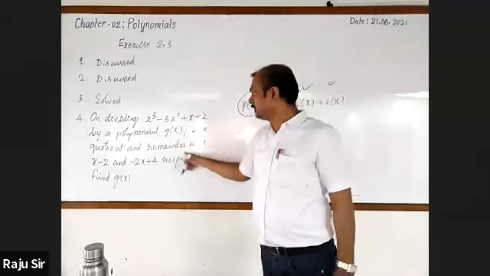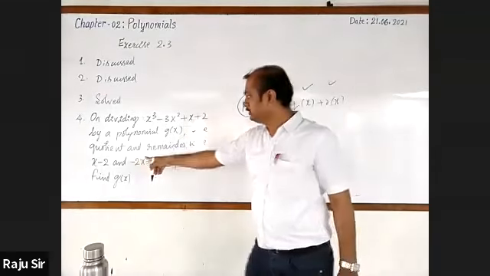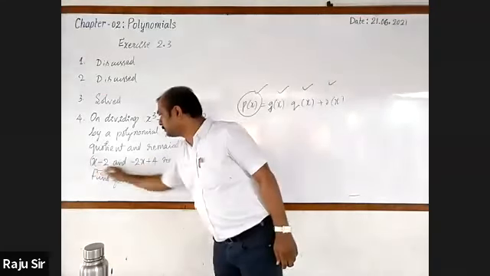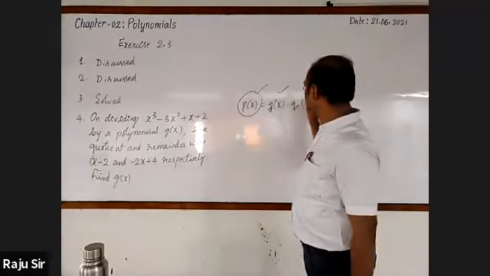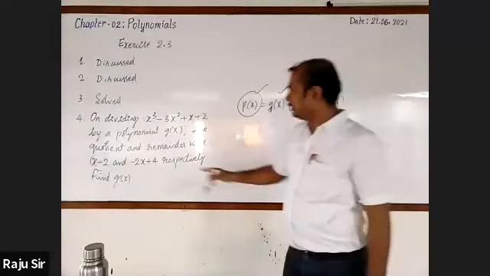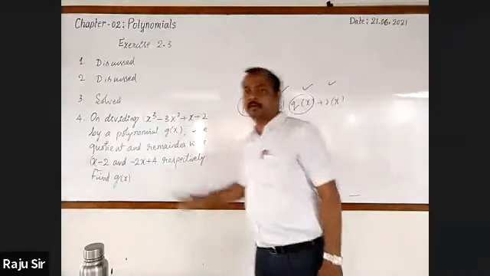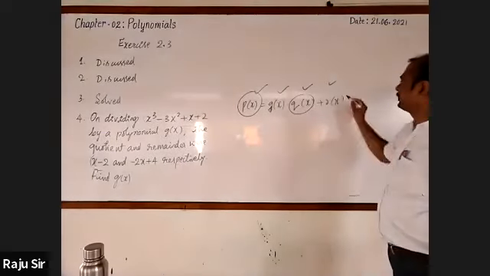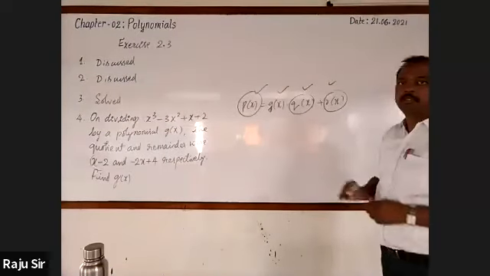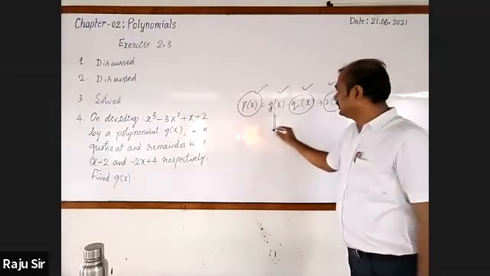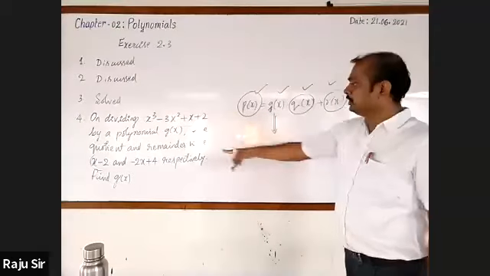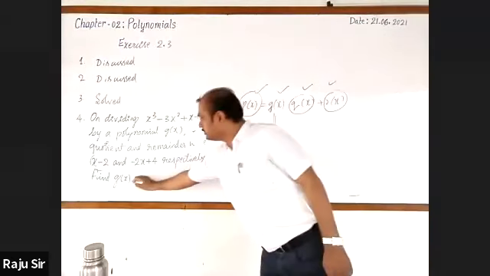Then the quotient and remainder come out to be these two. So here x minus 2 is the quotient. Not only this, even the remainder is given, it is minus 2x plus 4. Then the left one is g of x. We are going to find out g of x.